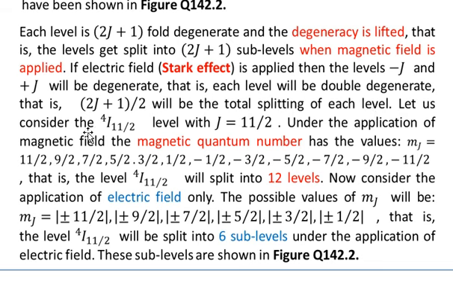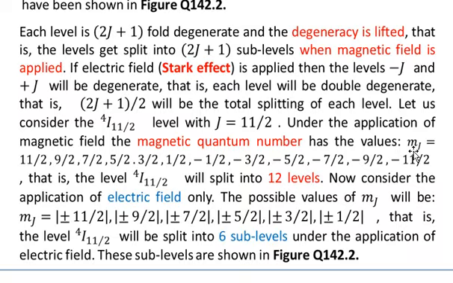Let us consider the 4I11/2 level with J equal to 11 by 2. Under the application of the magnetic field, the magnetic quantum number has the values.